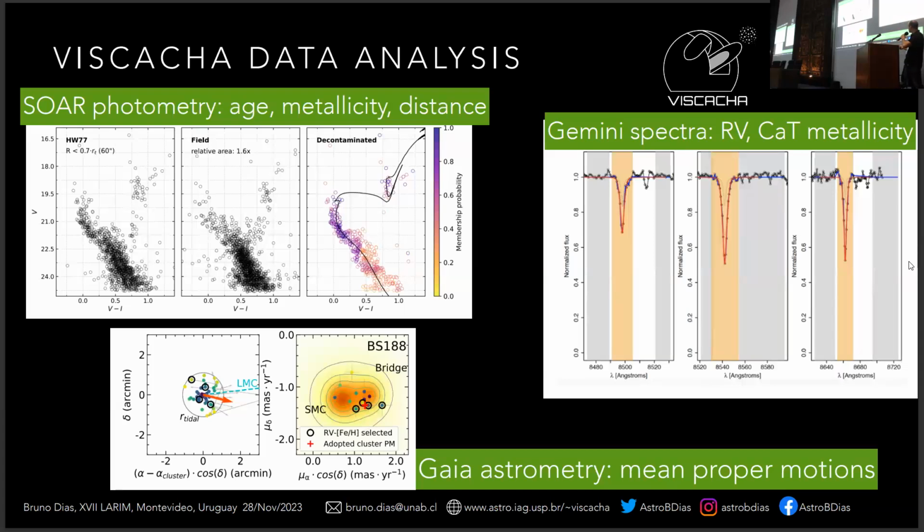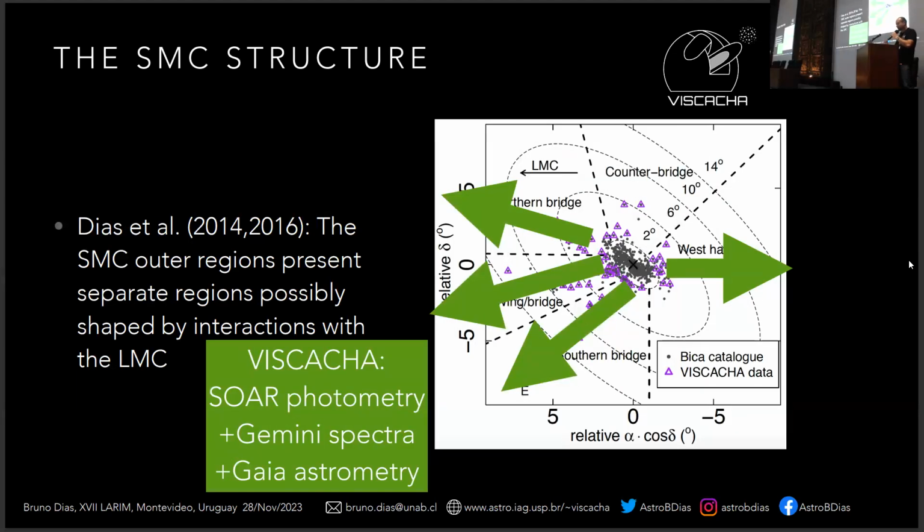So what we do is select the stars first from spectroscopy, from other techniques, and then you go to Gaia and ask Gaia what the proper motions there are and get the average. So we cannot get individual stars' proper motions, but we can certainly get the mean proper motions for a single cluster. That's enough for this type of study for populations of clusters.